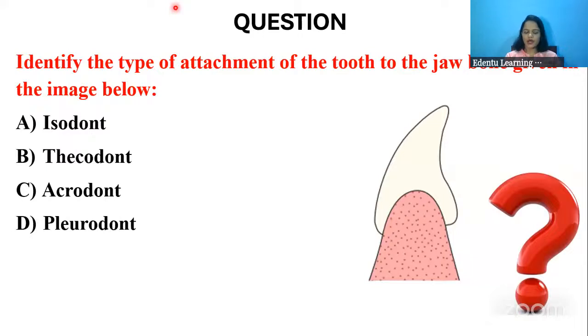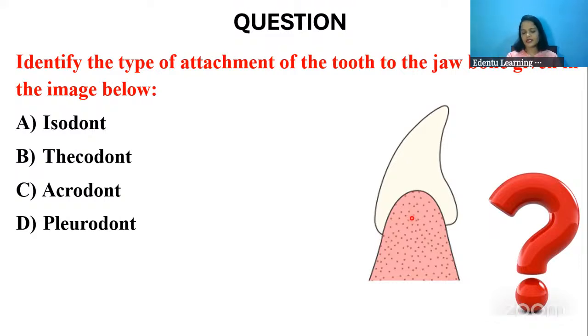So based upon how the tooth is arranged on top of the jawbone, the teeth have been classified into different forms. As you can see here, one thing you can notice is that the tooth is just sitting in the jawbone. There is no root seen.